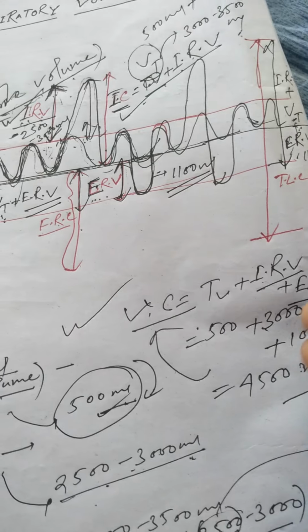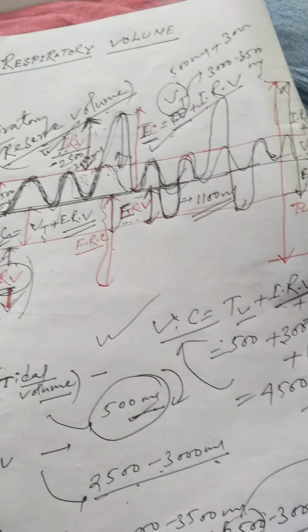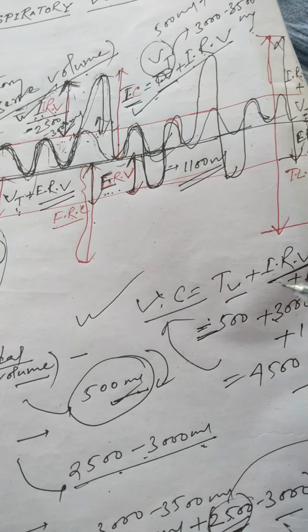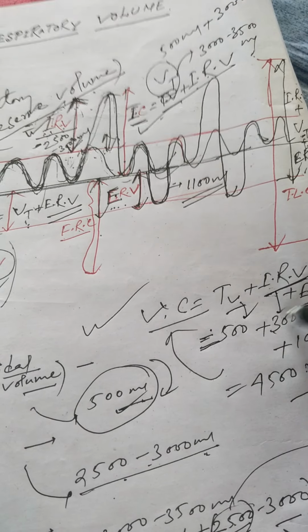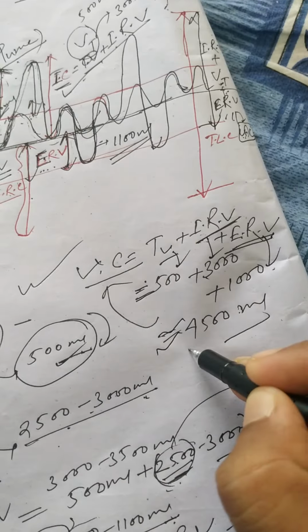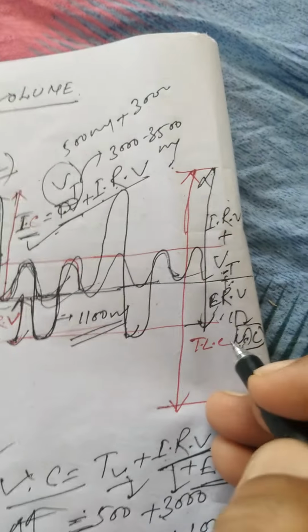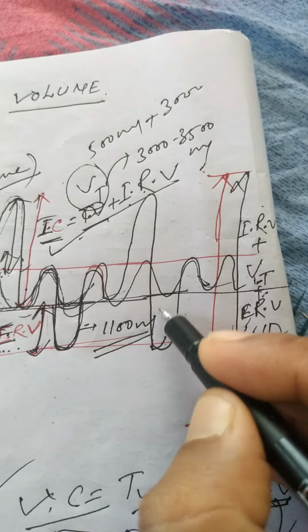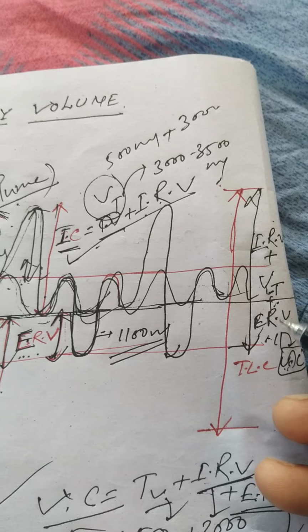Vital capacity is the summation of tidal volume plus inspiratory reserve volume plus expiratory reserve volume. Mathematically, the tidal volume is 500 ml, the inspiratory reserve volume is 3000 ml, and the expiratory reserve volume is 1000 ml. So it is near about 4500 ml. This is the vital capacity of the lung.